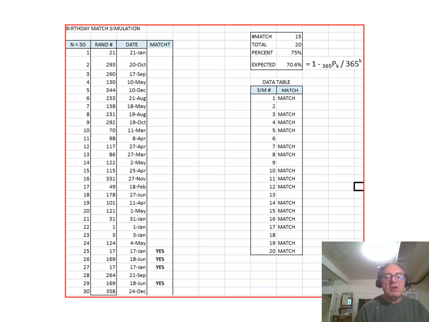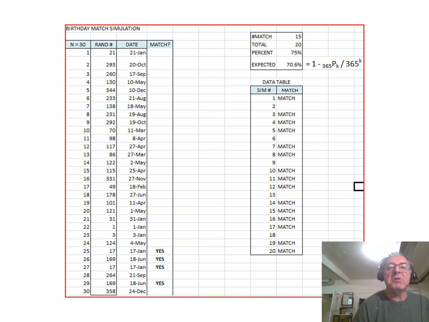It's certainly easy enough to simulate 30 numbers. Here I'm using RANDBETWEEN because the numbers I want to simulate are numbers between 1 and 365, where of course each of those numbers is equivalent to a birthday. So when I simulated 21, that's equivalent to January 21.